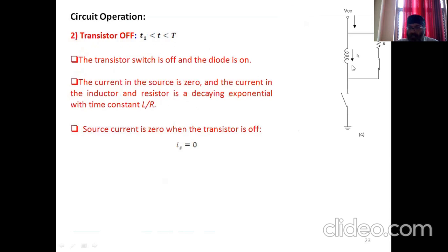Now the switch is off, so the current will not follow this path. The current will follow this path and the diode gets forward biased. Then this forward biased diode closes the switch and the current keeps on flowing like this. So the current IL will keep on flowing as long as the stored energy inside the inductor is not fully de-energized.